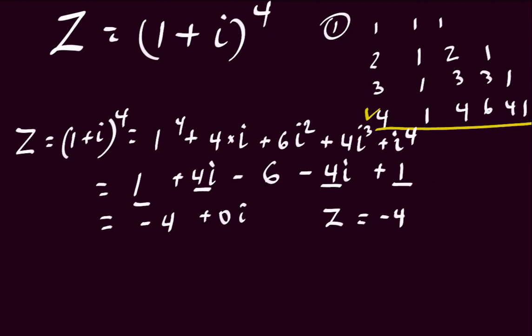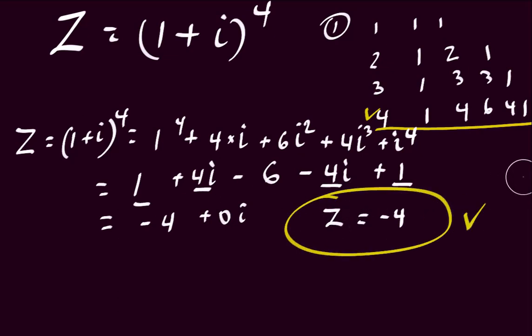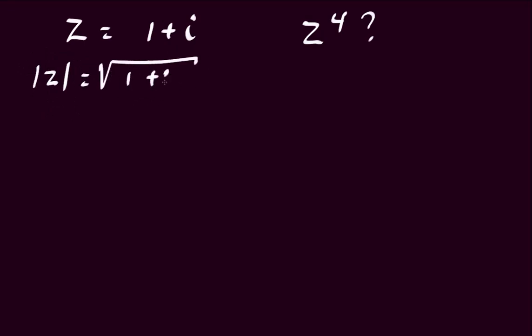That's the solution here. We are going to use another method to solve this one. We are going to use the exponential form, and if we this time say z is equal to 1 plus i, and then we want to find z to the power 4, we are going to find the modulus of z, which is the square root of 1 squared plus 1 squared, equal to square root of 2, and we just express z in terms of theta.